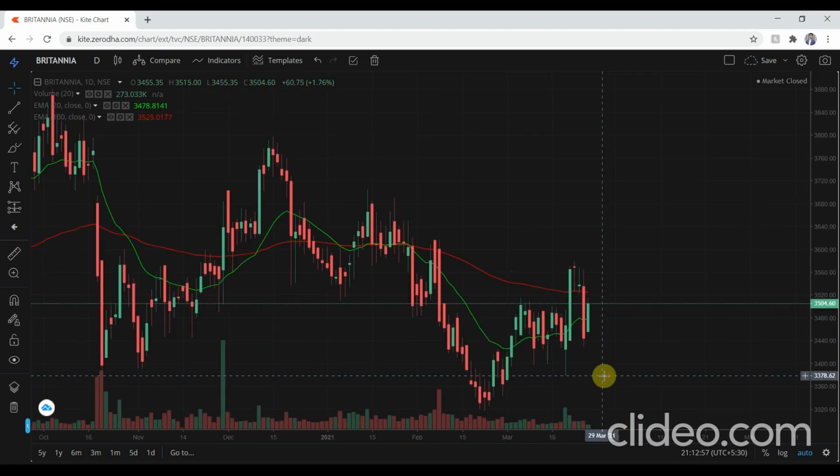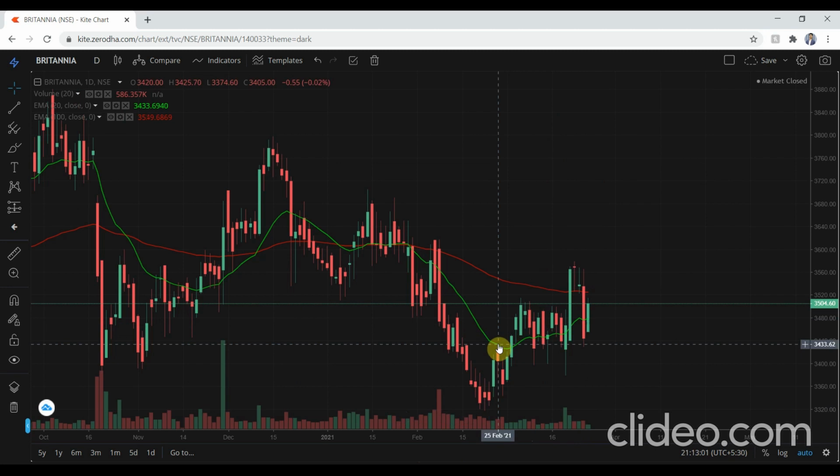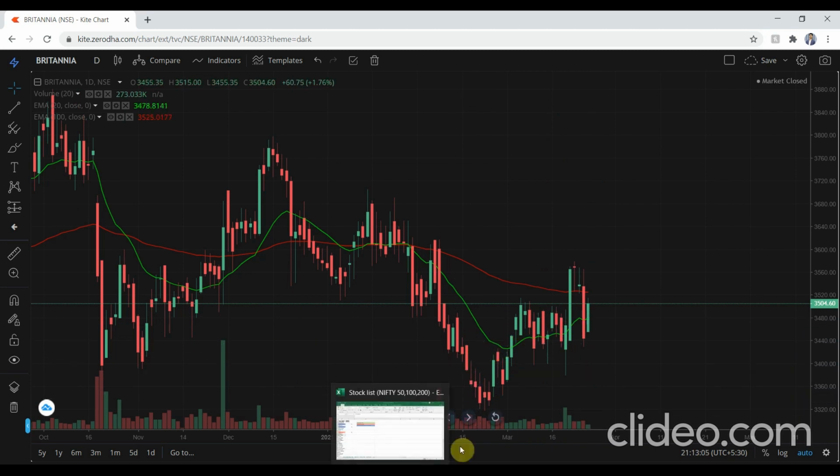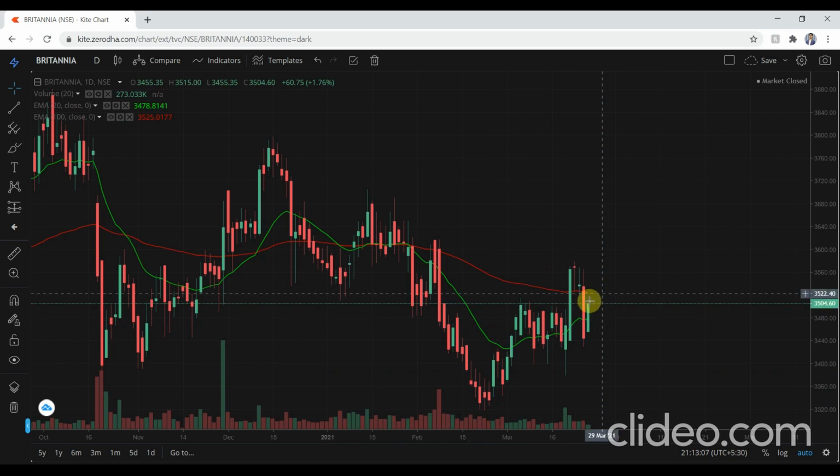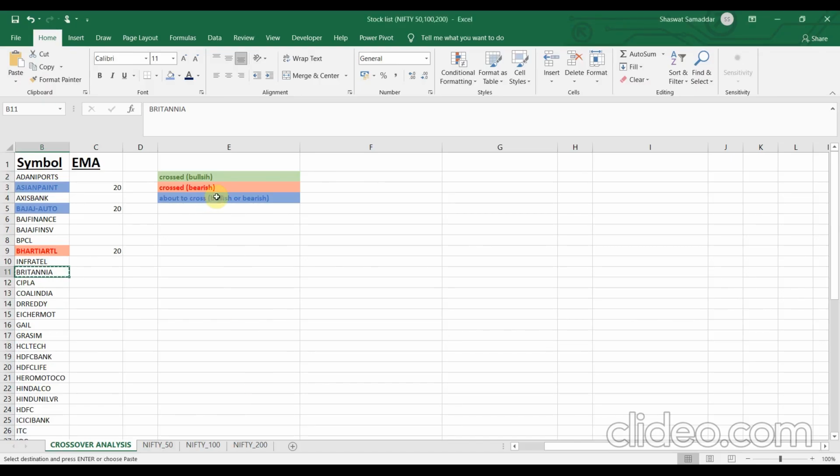You might be wrong sometimes, but it's all right. You would start learning by doing the analysis. I'm learning too. So I'll consider it as a small gap and mark it as about to cross, 20. Next one is Cipla.